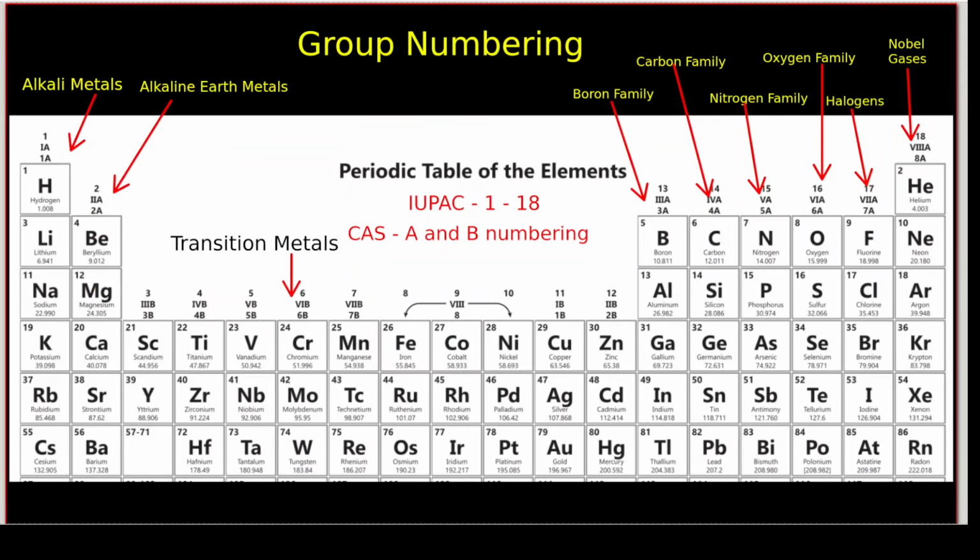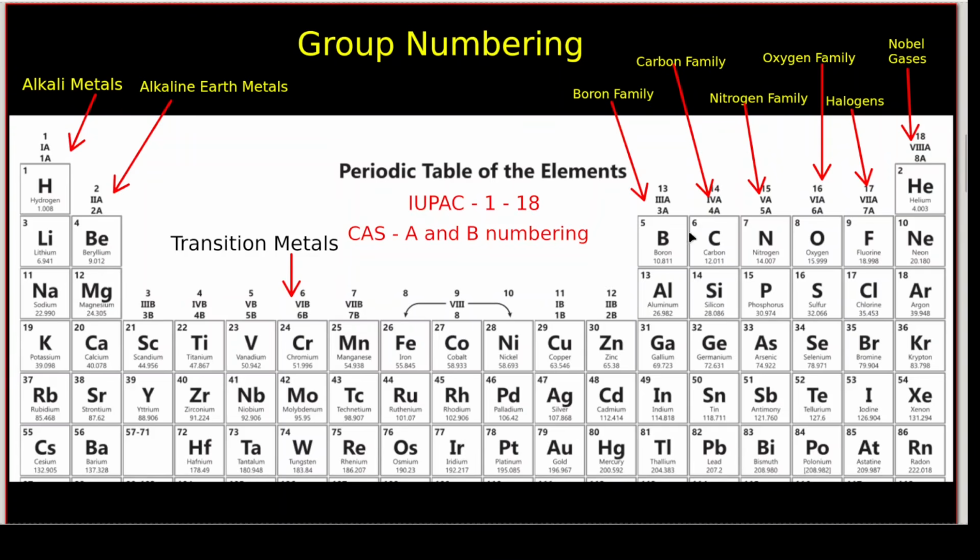Okay, let's discuss how the groups are named and numbered. The first column is called the alkali metals, the first family. The second one is called the alkaline earth metals. This midsection here is called your transition metals.